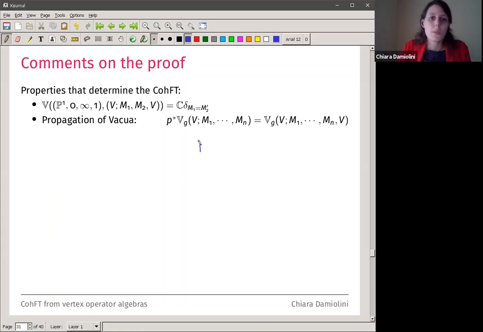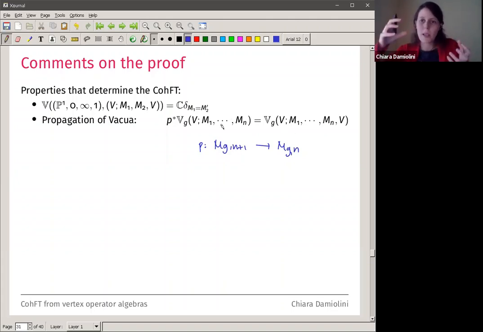So this P would be a map from M_{g,n+1} to M_{g,n}, which forgets the point. If I start with the sheaf here and pull it back, it is the same space that I obtained by adding a point and adding the trivial representation. And let me say that the propagation of vacua is actually needed to define the objects.